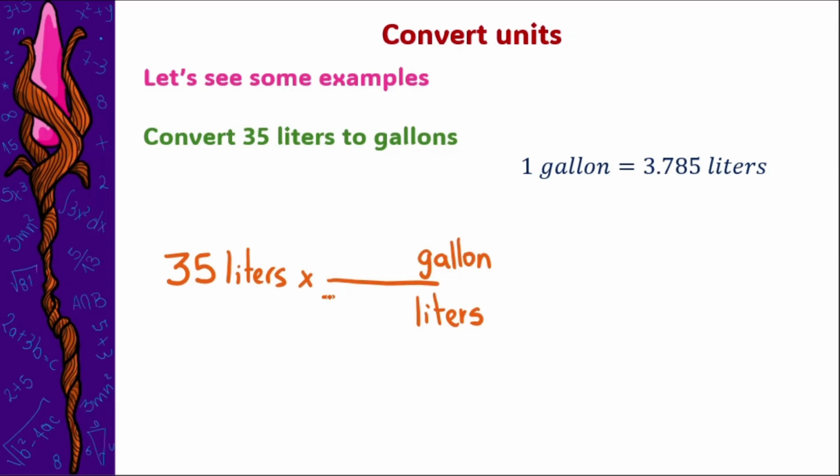So the equivalence is that 3.785 liters is 1 gallon. This is the operation that we should do. We would do 35 times 1, which is 35, divided by 3.785. And that's going to give you 9.247. I'm going to cut it to 3 decimal digits. And this is given in gallons.